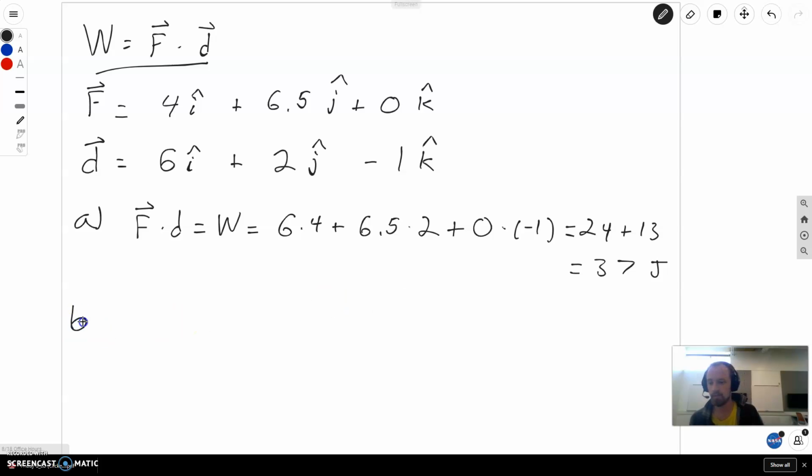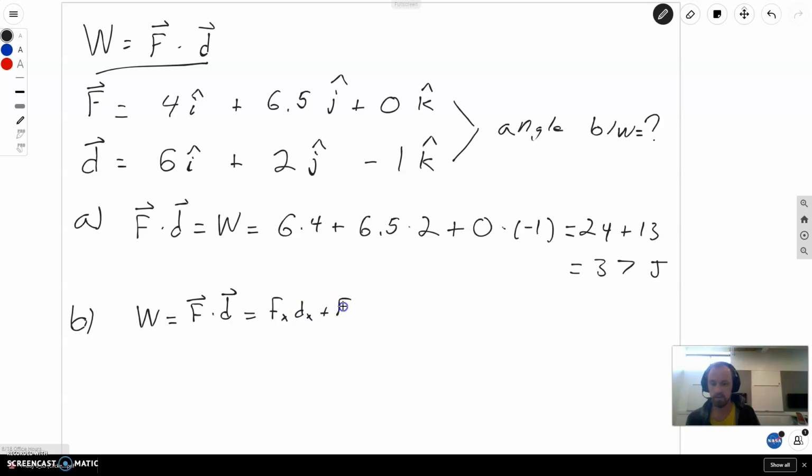And then for part B, we want to know the angle between these two vectors. For that, we can use our other handy-dandy dot product formula. We know that the work equals F dotted with D. We already have one way of doing it, and that's Fx dx plus Fy dy plus Fz dz.